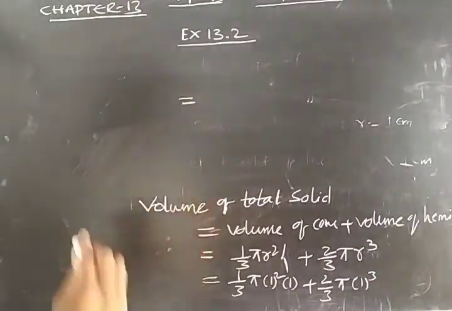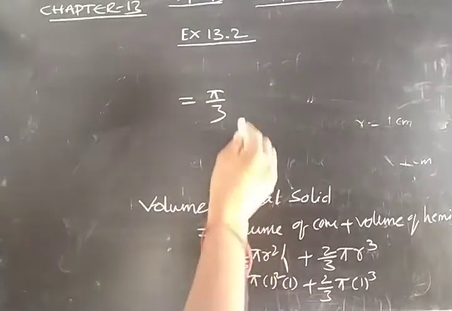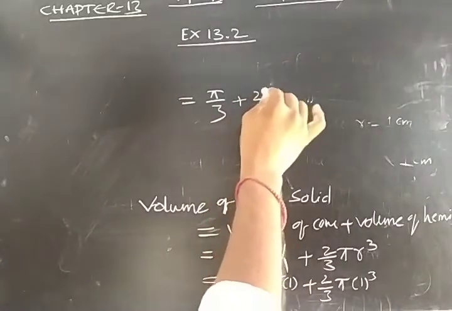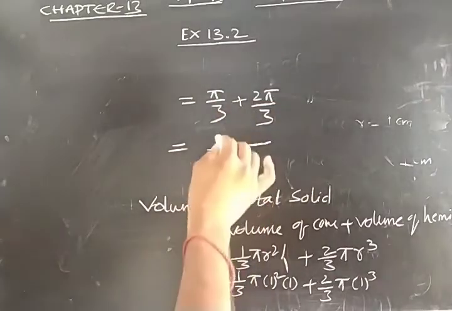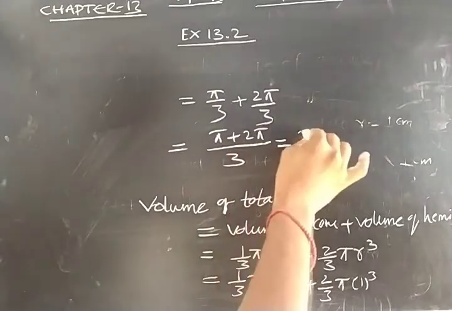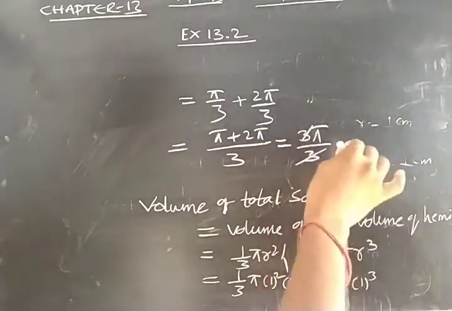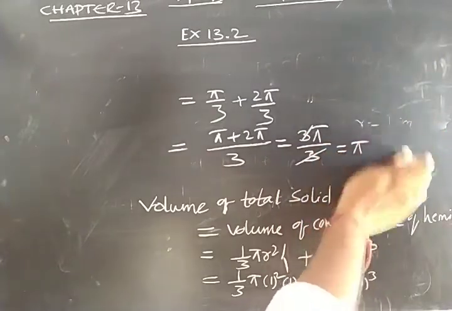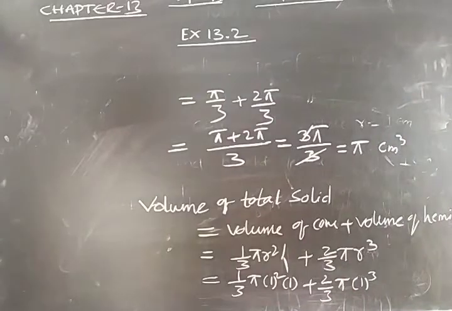Now what will we get? We will get pi by 3 plus 2 pi by 3. Taking the LCM, 3 is the LCM, pi plus 2 pi is 3 pi. 3 pi by 3, the 3s cancel. That is pi centimeter cube, the required volume of the solid.